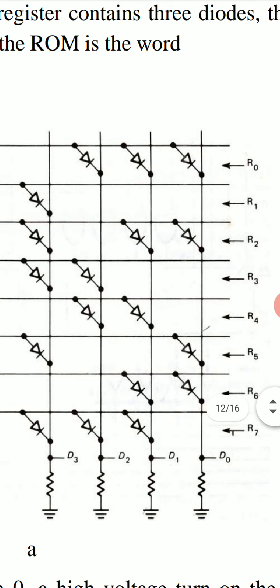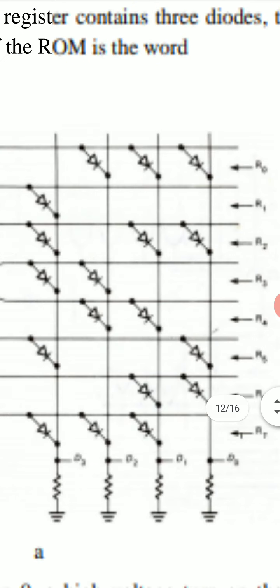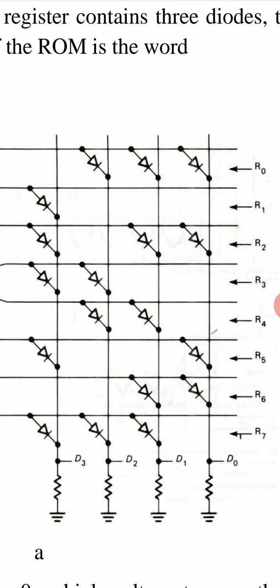This is the R0 register. It contains 3 PN diodes. Similarly, R1 register contains only 1 diode. R2 contains 3 diodes. R3 contains 2 diodes, and so on.